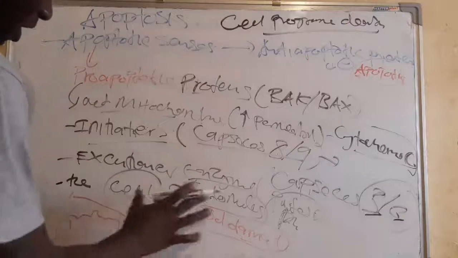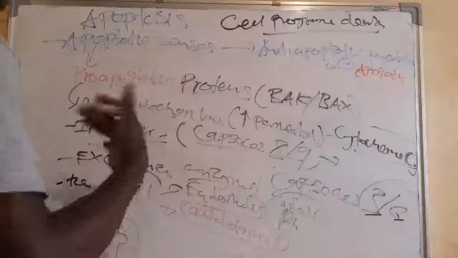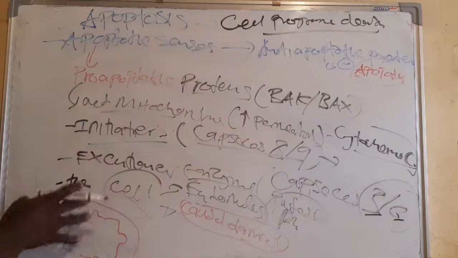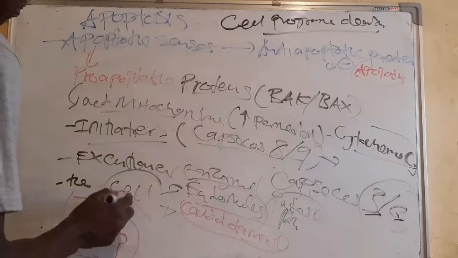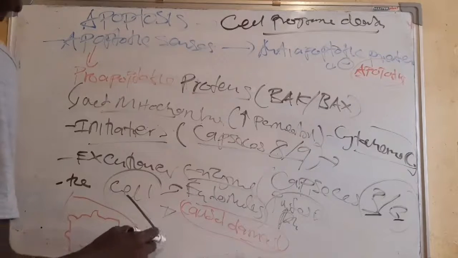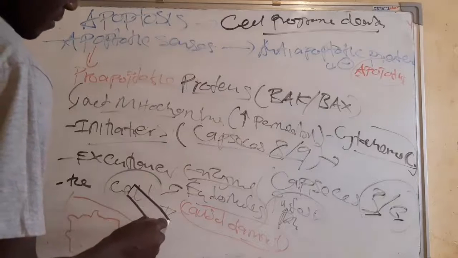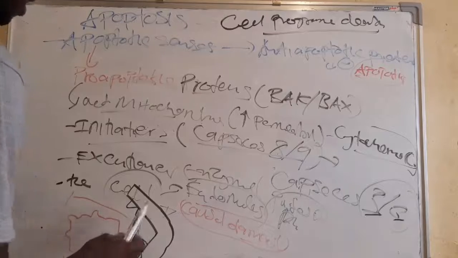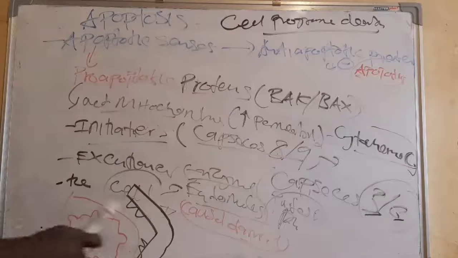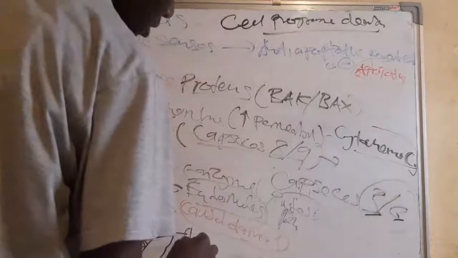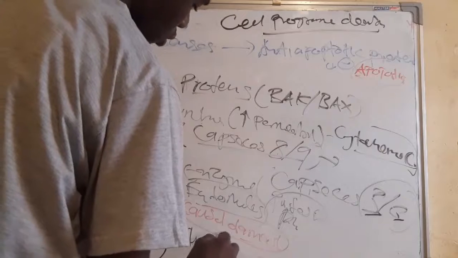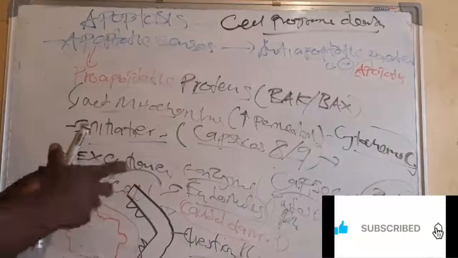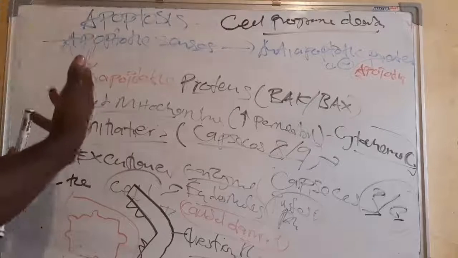It engulfs the cell and destroys it. Hence the cell dies. So this is the process of apoptosis.